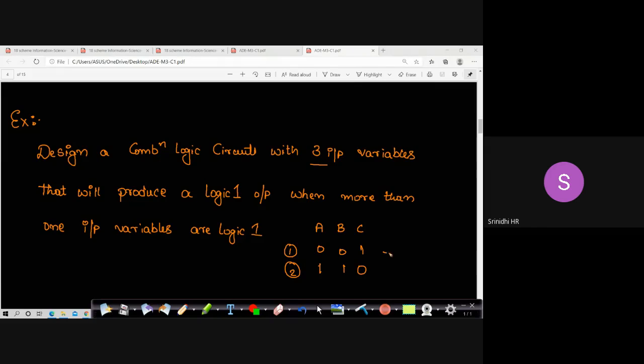What he is telling is that I need to produce logic 1, or high, when more than one input variable is logic 1. So here I have a single one, so my output is 0. Here I have more than one, so two of my inputs are high, and in this case my output will be high. So this is what your problem is.